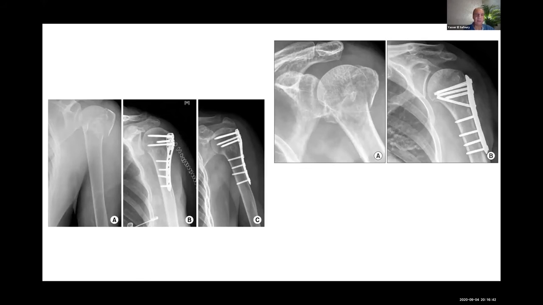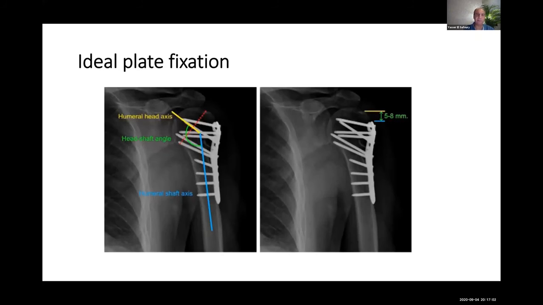Plates, which give very good stability and are designed as locking plates, are very suitable for fractures of the proximal humerus, but the technique is very demanding, and you should know the tips and tricks when using these types of fixation, which are mentioned in the coming presentation.